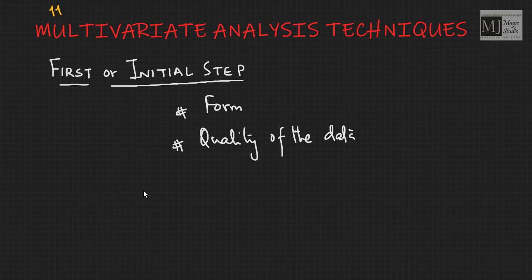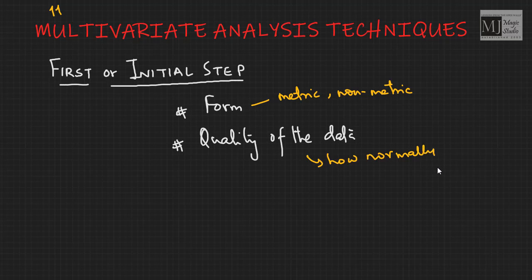The form of the data refers to whether the data is metric or non-metric. Accordingly, we will be choosing our analysis technique. The quality of the data refers to how normally distributed the data are.